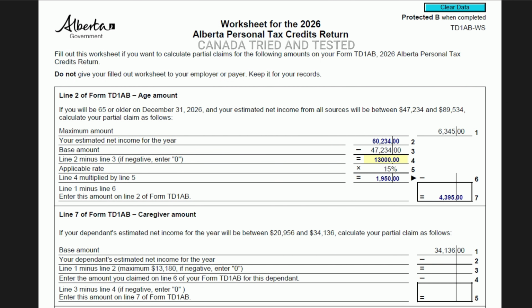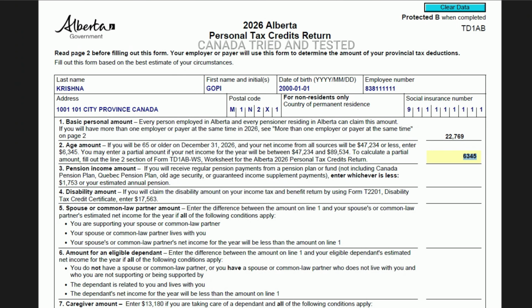Of this, 15% is multiplied, and that gives us 1,950. So this amount will get subtracted from this line 1, and what we get is 4,395. This amount you will transfer here, instead of 6,345. If the amount is more than 89,534, in that case, this will become 0.